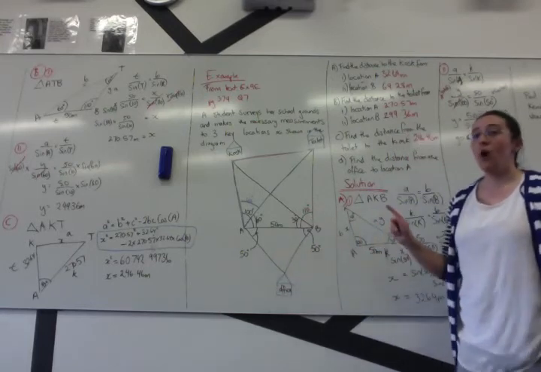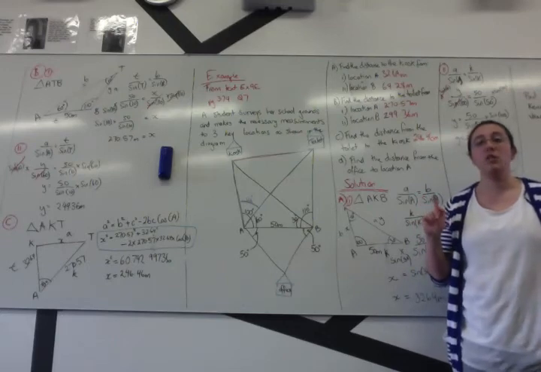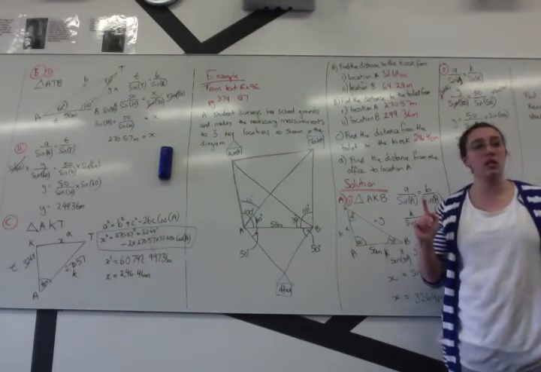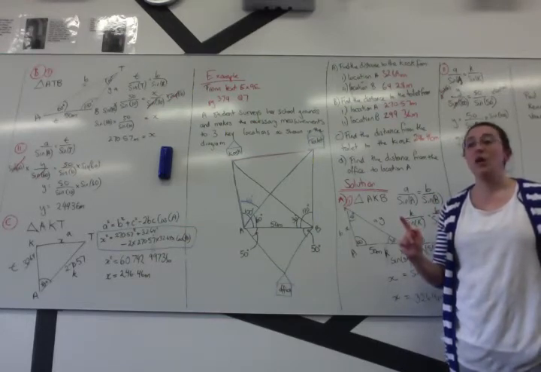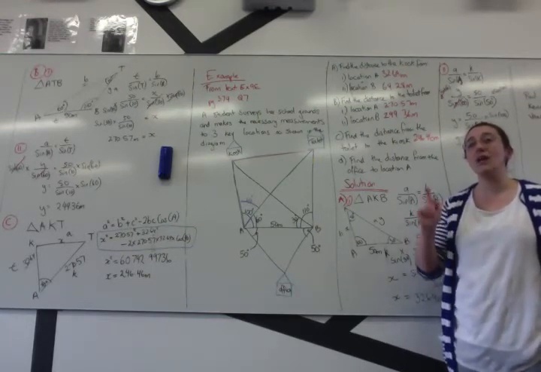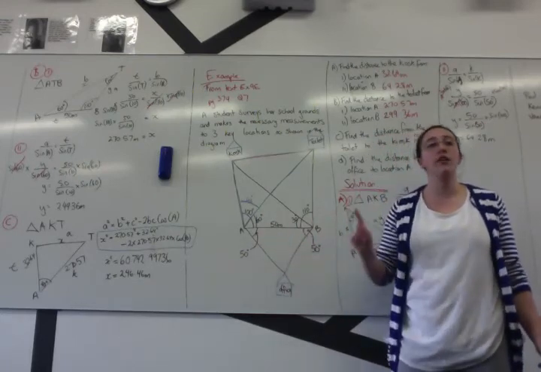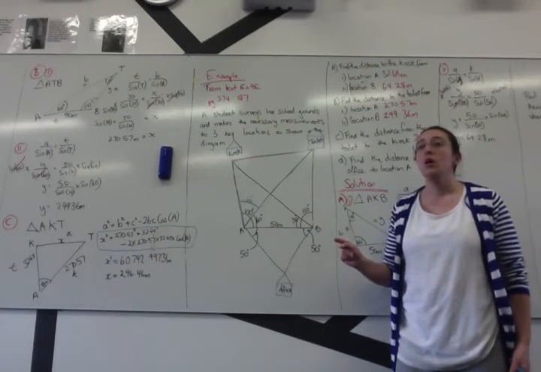Now, I'm not going to touch a calculator to get this answer, and I'm not going to use a formula to get this answer. Why? Because it has the same angles. If it has a matching pair of angles, what kind of triangle is that?